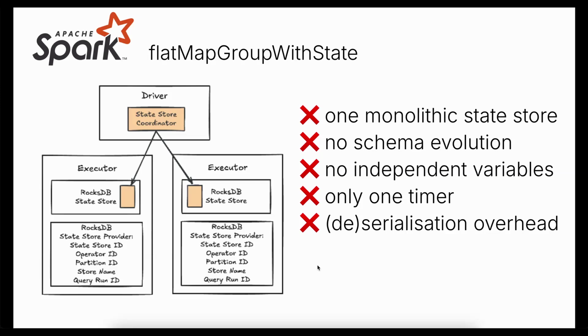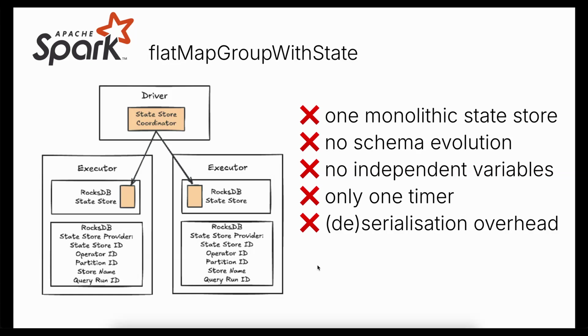Prior to transformWithState, you would do arbitrary stateful processing with a feature called flatMapGroupsWithState on Scala, or applyInPandasWithState on Apache Spark. Some of you might be familiar with it. If you aren't, this is the first iteration of our arbitrary stateful processing framework. The problem with that was it didn't have features to support multiple variables.